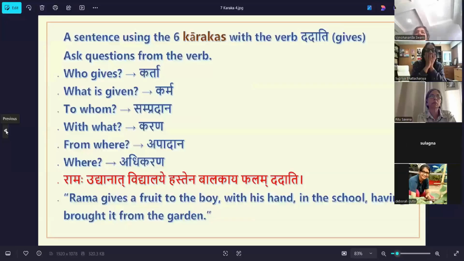Ramasya buddhi. Also identity. Rajnah putra. Rajnah means of a Raja. So he is a son of a Raja. Description, dharmasya lakshanam. But in none of these is action involved.